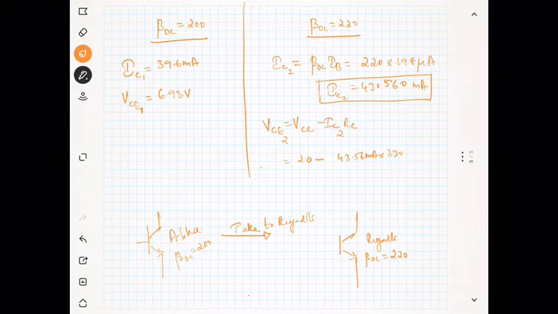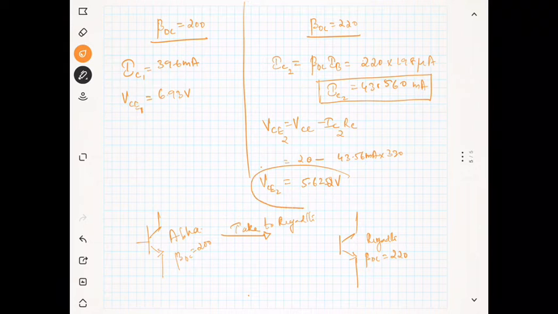So how much will you be getting? 20 minus 43.56 multiplied by 330 ohm. So you will be getting something like 5.6252 volt. So this is VCE2.